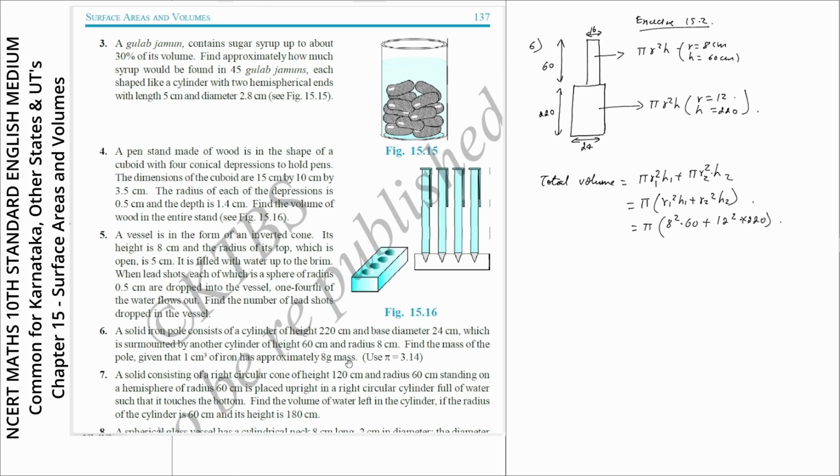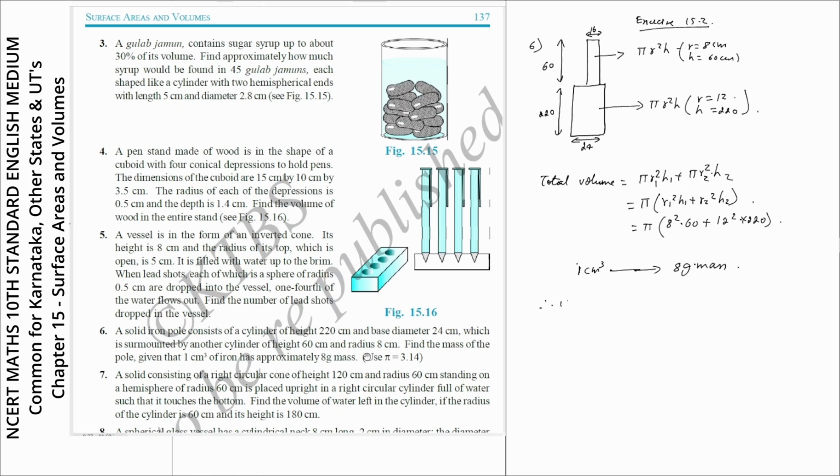And what they have given, what is the mass of the pole? Given that 1 centimeter cube of iron has approximately 8 gram mass. 1 centimeter cube of volume of iron has 8 gram of mass.